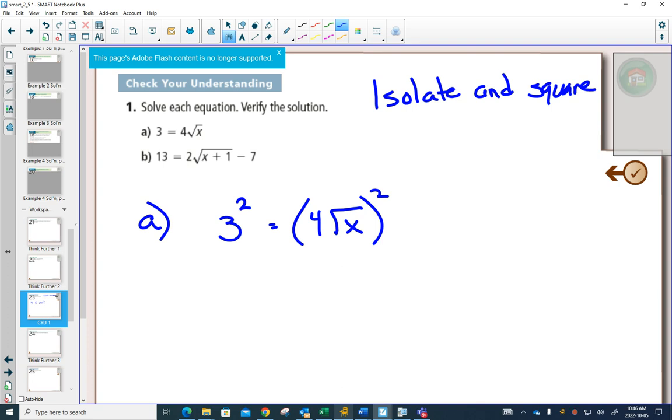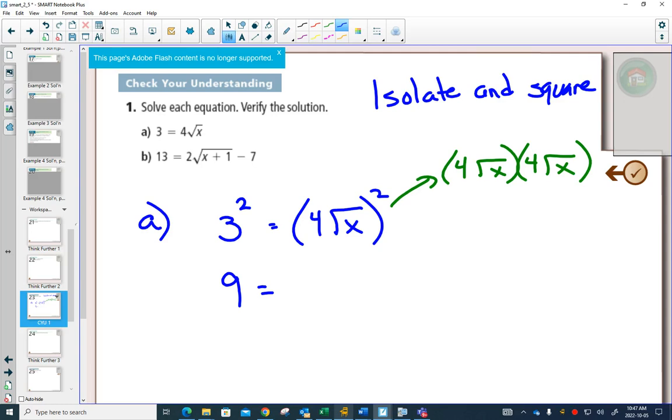The left side, 3 squared is 9. And in your head, remember that squaring is multiplying by itself. Okay? And so what do we get?